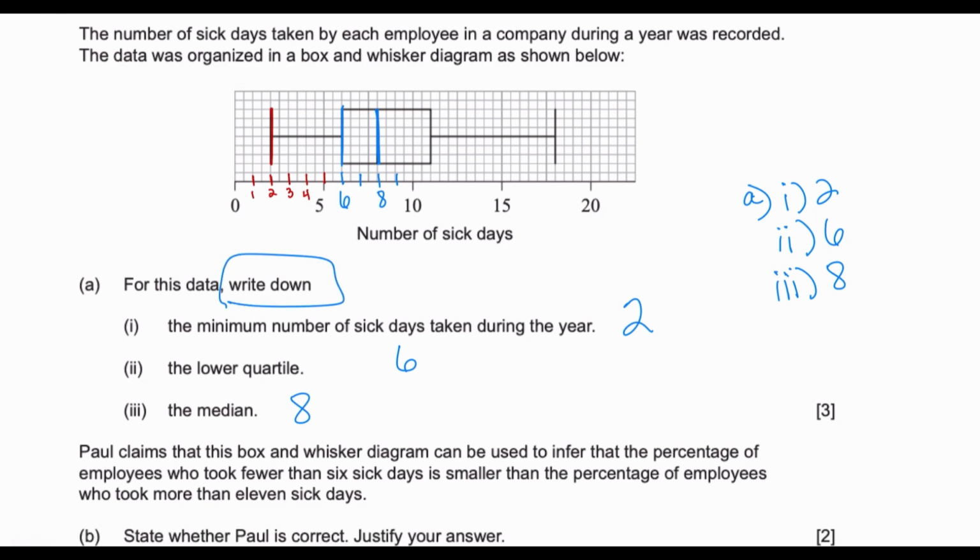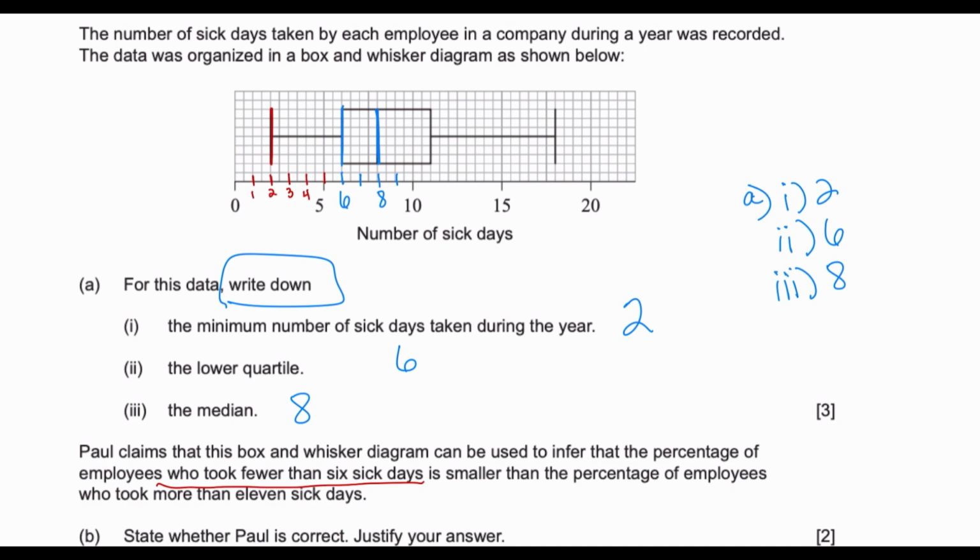Paul claims that this box and whisker diagram can be used to infer that the percentage of employees who took fewer than 6 days is smaller than the percentage of employees who took more than 11 sick days. State whether Paul is correct. Justify your answer. A box and whisker plot takes your data and cuts it into 4 equal parts.